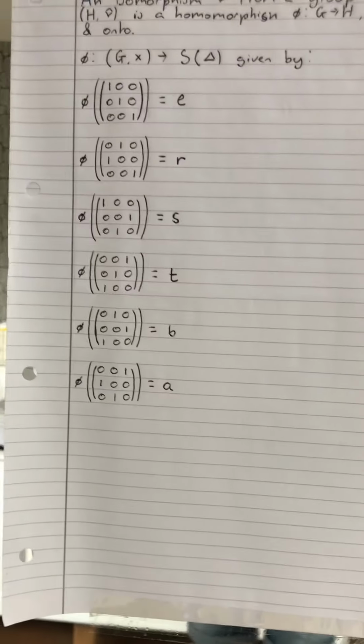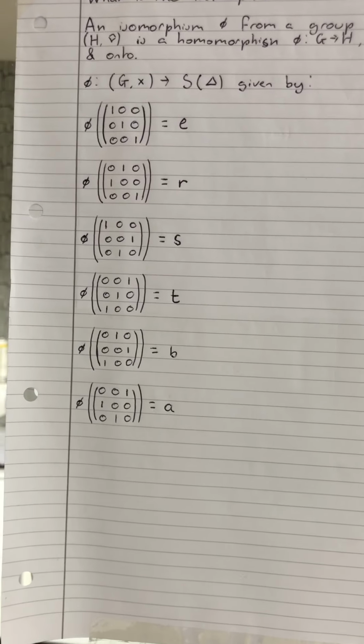But next we need to show it is 1-to-1 and it is onto. It is 1-to-1 since every element in the symmetry group has only one element in G that maps to it. Again, we can see that with the original mapping, each element within the symmetry group has only one element in G that maps to it.